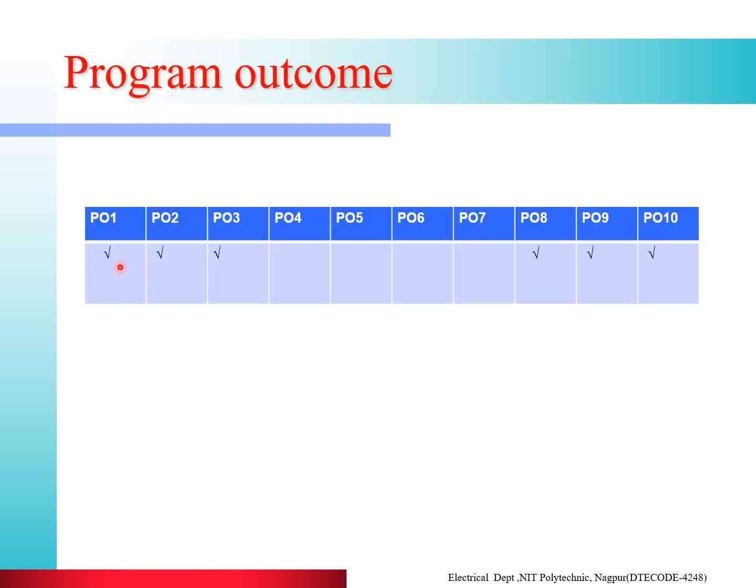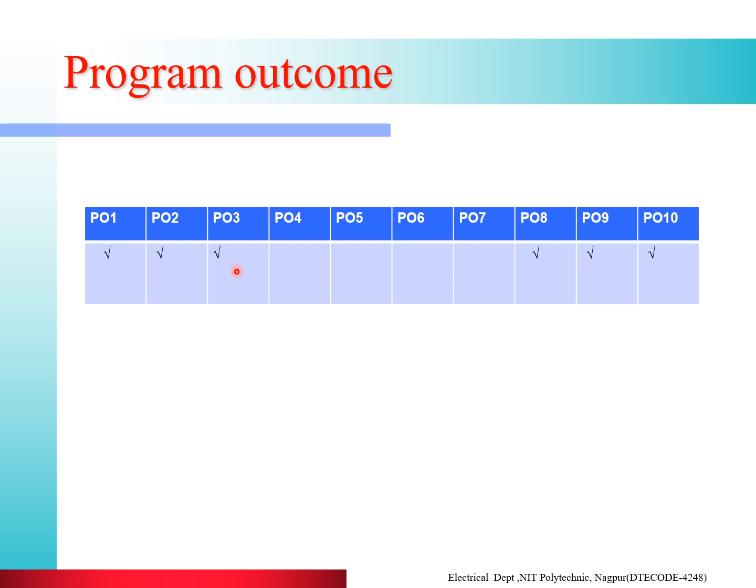We saw the basic knowledge of evaporation of the transformer oil due to heat. So PO1 is mapped. PO2 is discipline knowledge, where when a mercury switch is connected, it will give the alarm signal and the trip signal. So PO2 is mapped. PO3, experiments and practices.